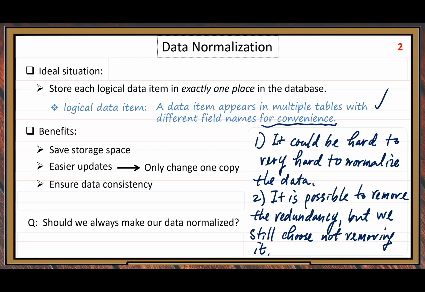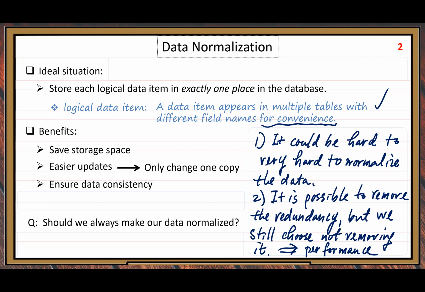The reason is that we have another big, important consideration in this situation: a performance consideration. Because if you remove the redundancy, your performance could be slowed down greatly. That's the sacrifice.